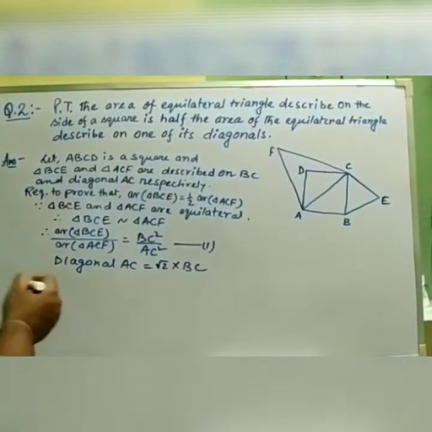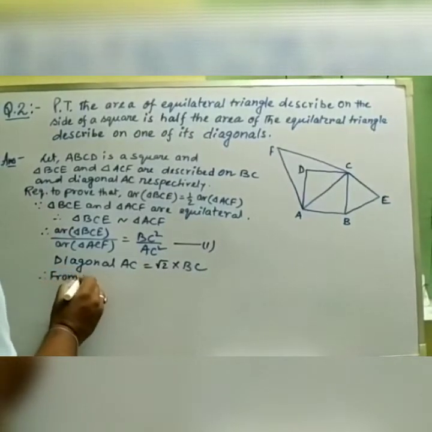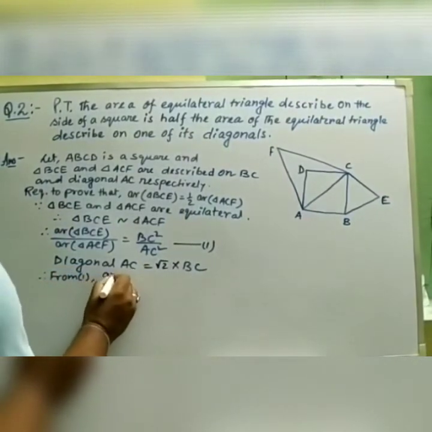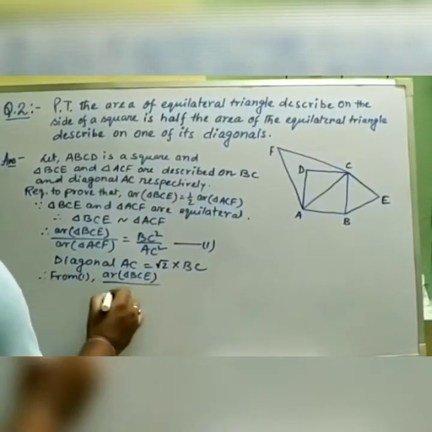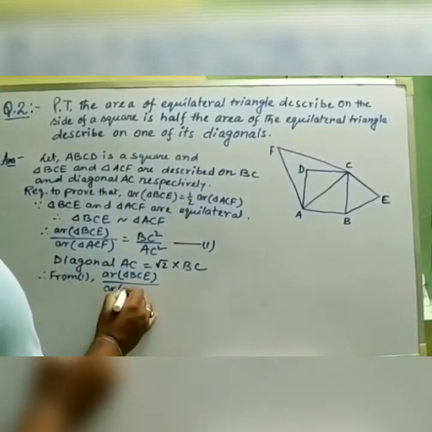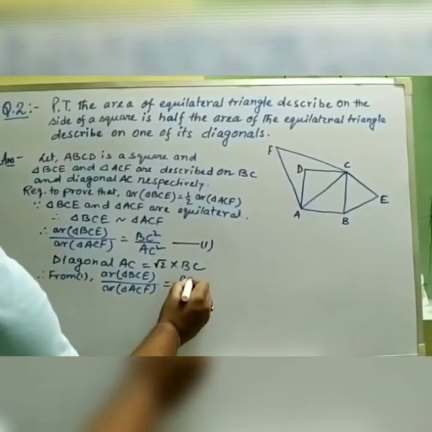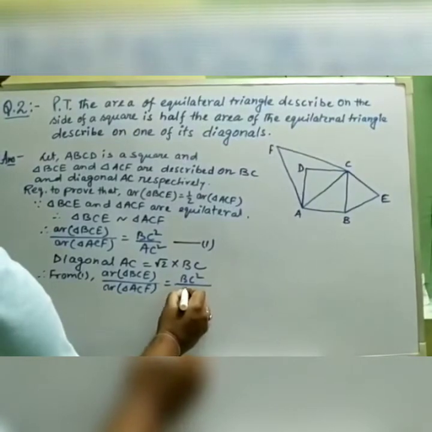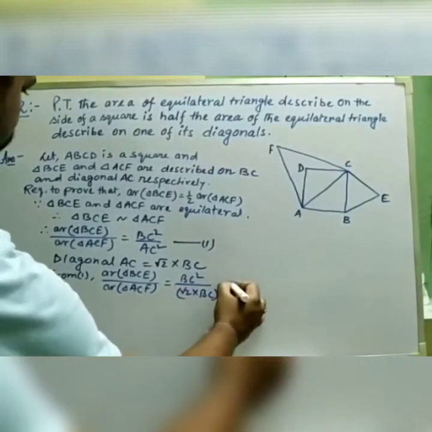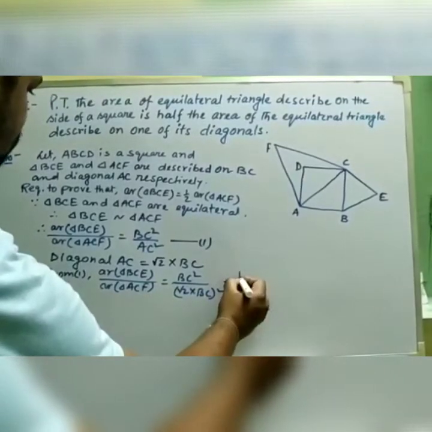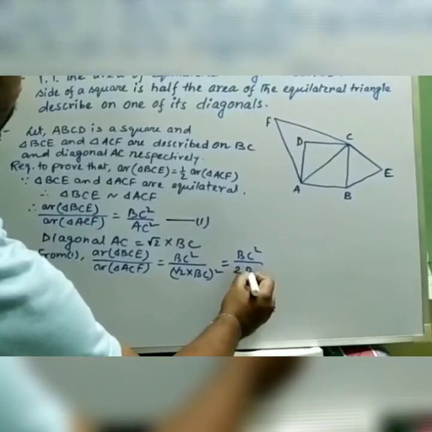Therefore we are getting from 1, area of triangle BCE by area of triangle ACF equals BC square by √2 into BC whole square, and it will give BC square by 2 BC square.